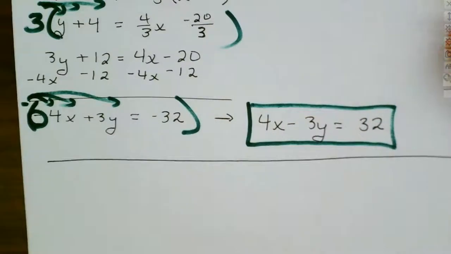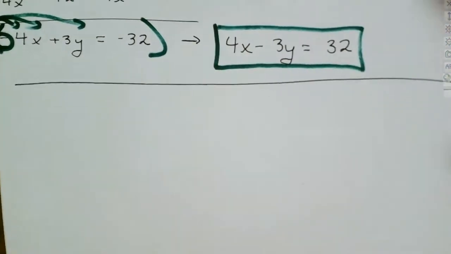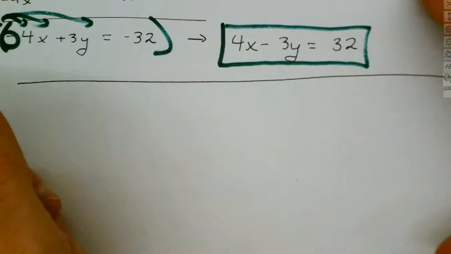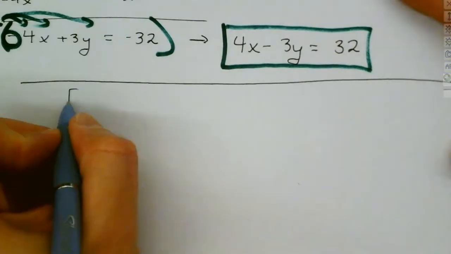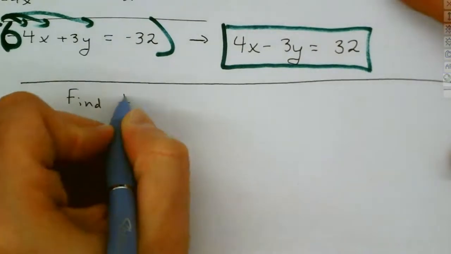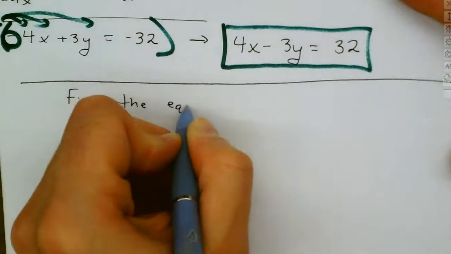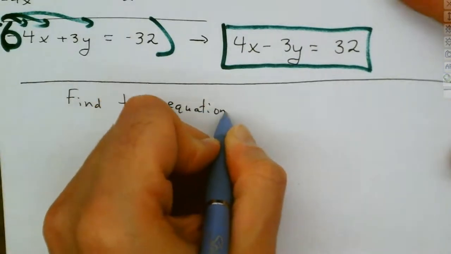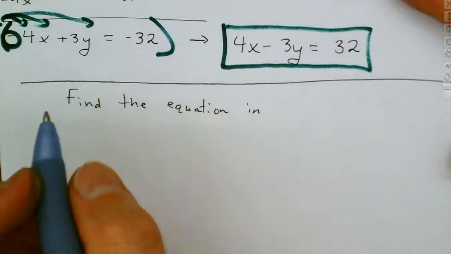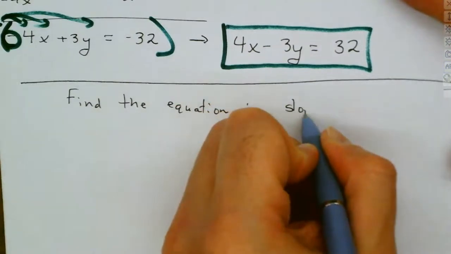And we're going to do another one. Let's do another one. This one's going to be parallel. And let's find the equation in slope-intercept form.